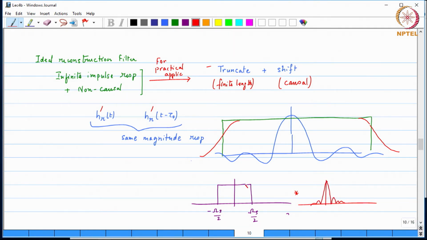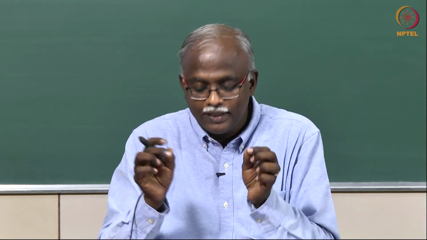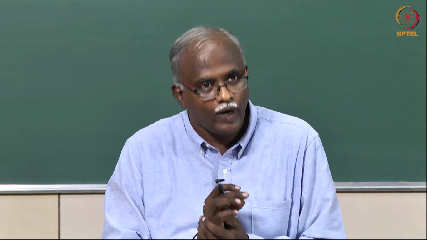Now, convolve these two, and what you find is a widening of the brick wall. The low pass property is retained, the zero crossings are retained, the Nyquist property is retained because the windowing does not affect where the zero crossings occur, but the spectrum becomes a little bit wider.